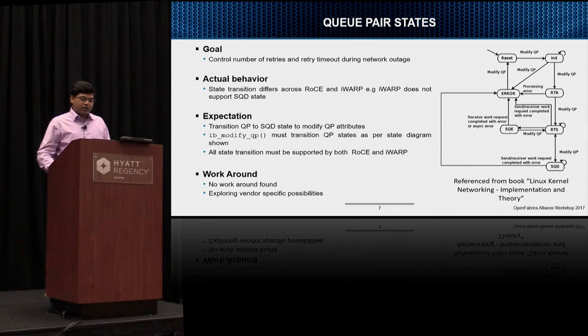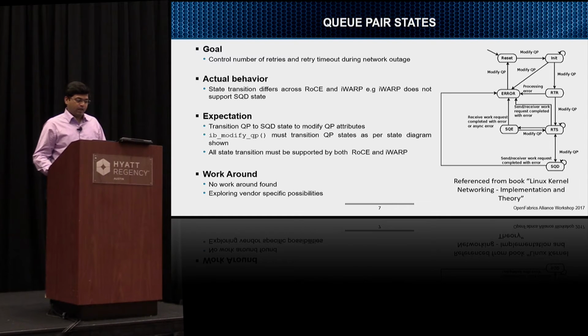But the actual behavior that we saw was that the QPair transition differs across RoCE and iWARP. Specifically, iWARP does not support the send-queue drain state. And during our implementation, we were trying to transition to that state to be able to change the QPair attributes.